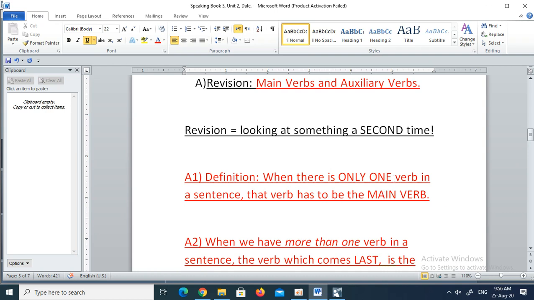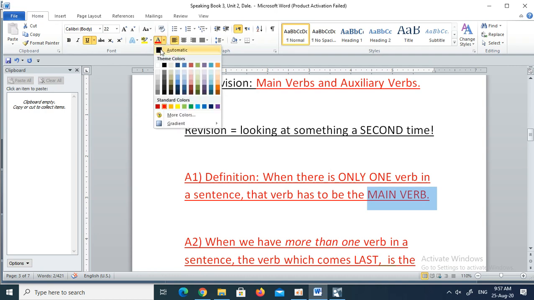If you only have one verb in a sentence, then that verb has to be the main verb. So any sentence where we only have one verb, that verb will be the main verb. All right, that's pretty simple.